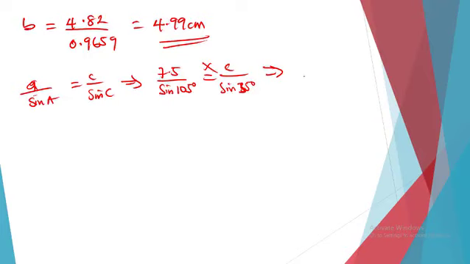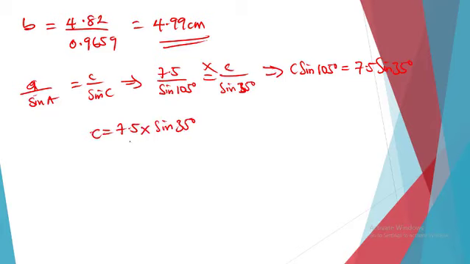If we cross multiply, we have C sine 105 equal to 7.5 sine 35 degrees. Making C the subject of formula, C is equal to 7.5 times sine 35 degrees all over sine 105 degrees.